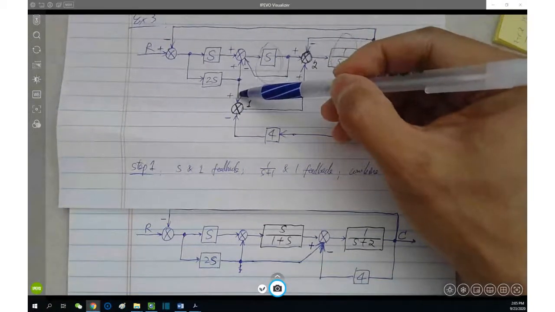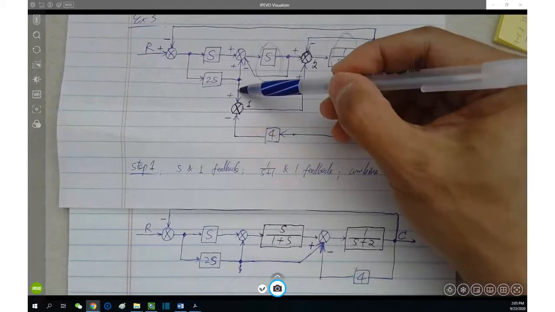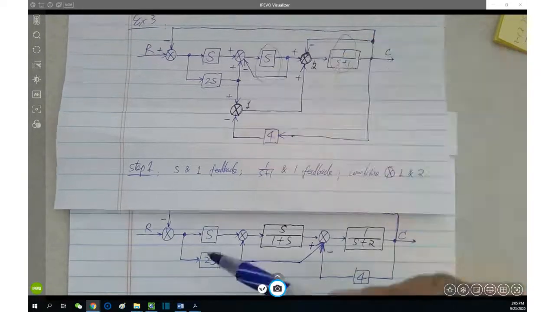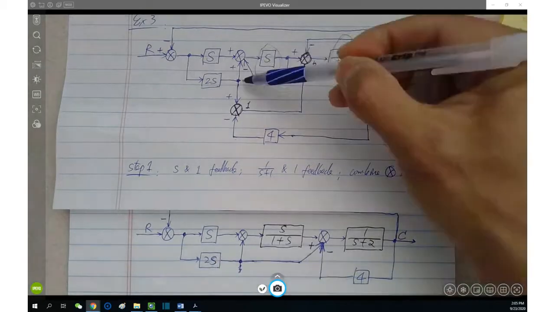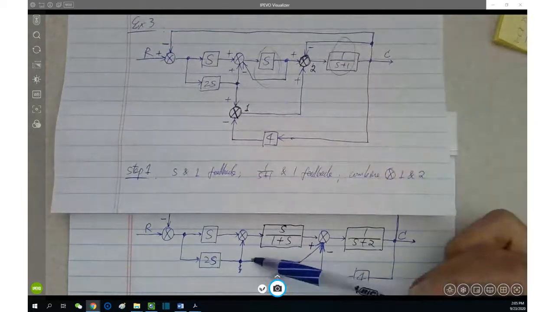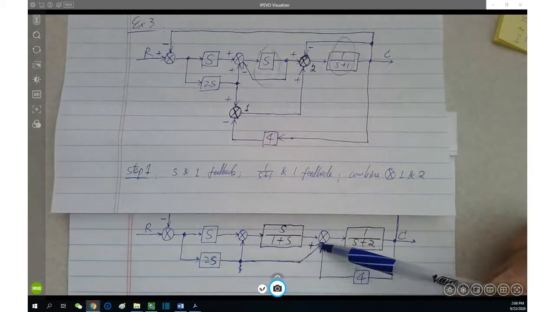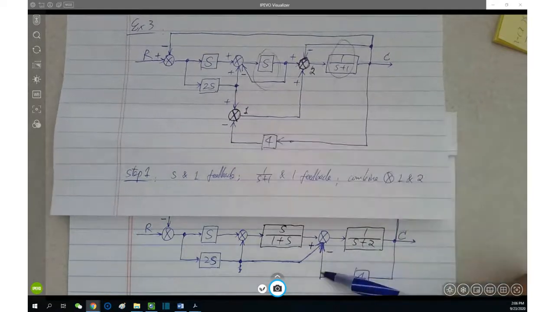It's really hard to tell, we don't actually know. But here, the transfer function remains the same, and this signal is this signal.